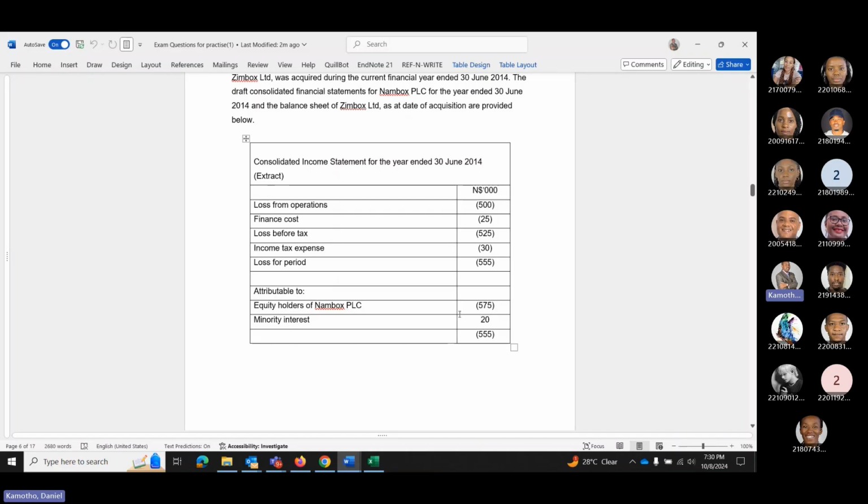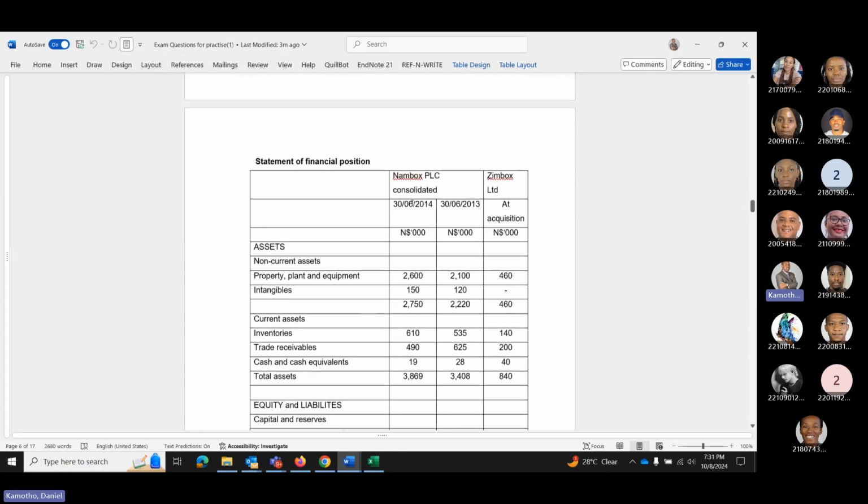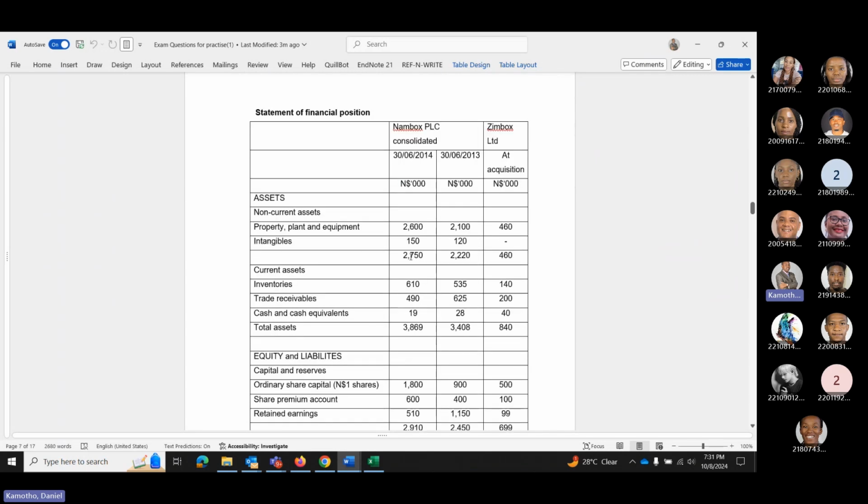This was 2014, so it was still NCI. In 2008 and backward, it used to be called minority interest, but it doesn't matter. It means the same thing. So we have seen they made a loss, and then we go here to the statement of financial position.